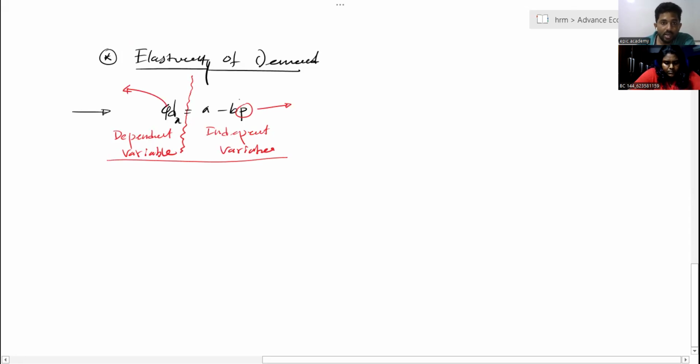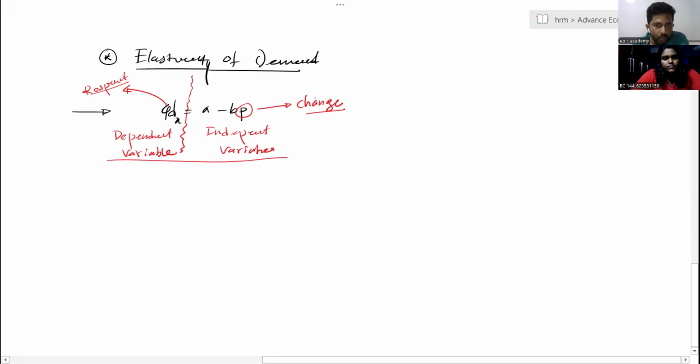We already discussed that if the price changes, quantity demanded also changes. Change means quantity demanded is going to respond to that change. This is the response. Price reduction, demand increase. Price increase, demand reduction. A negative relationship. That is also elasticity.